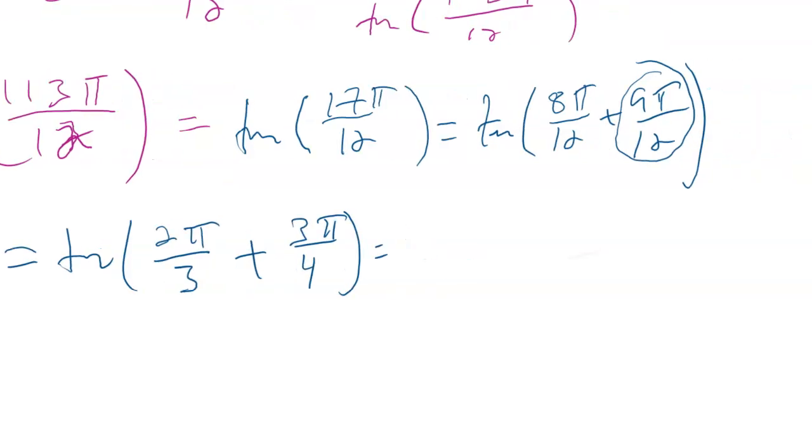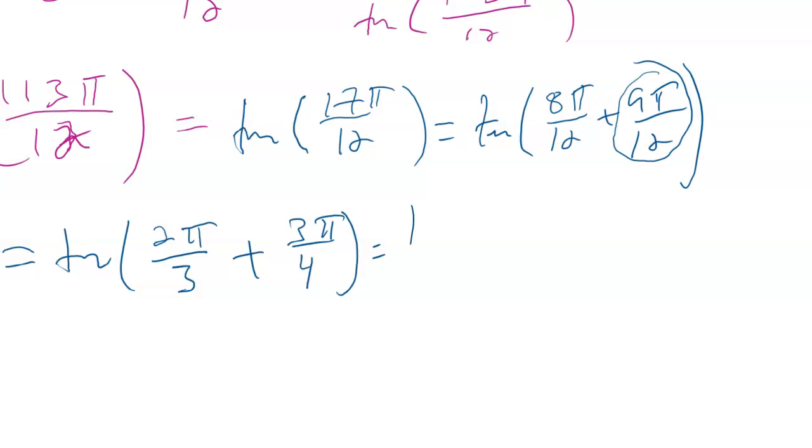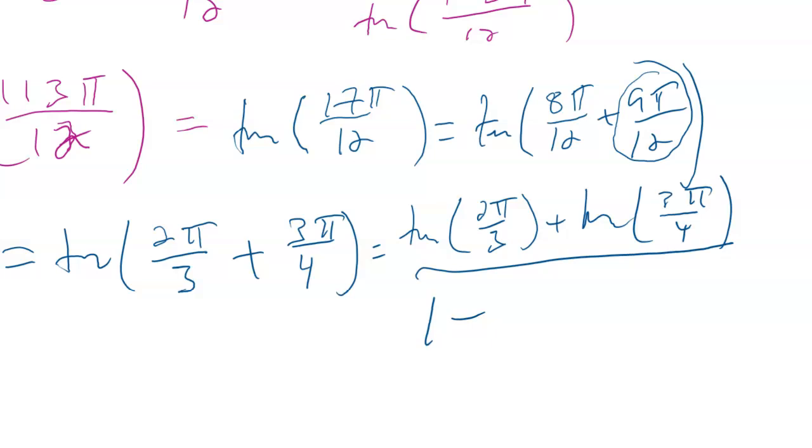And then I just have this equation I have. Tangent of 2 pi over 3 plus tangent of 3 pi over 4 all over 1 minus tangent of 2 pi over 3 times tangent of 3 pi over 4.